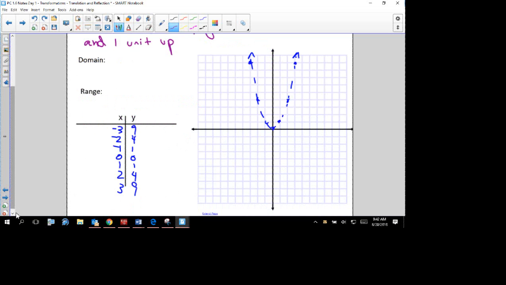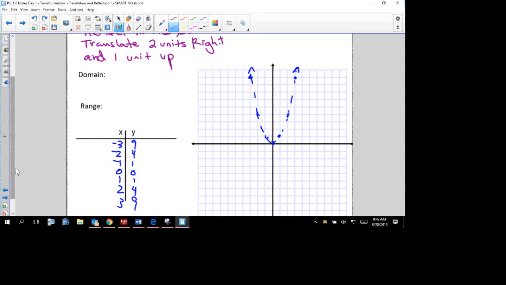Then if we're using our table, what would we do first in our table? We have multiply by negative 1, we have add 2, and we also have add 1. What comes first by order of operations? Multiplication or addition? Multiplication. So that's the first thing that you'll put in your table. Order will matter. Since it's a vertical reflection, we'll multiply by negative 1 to all the vertical numbers, the y.